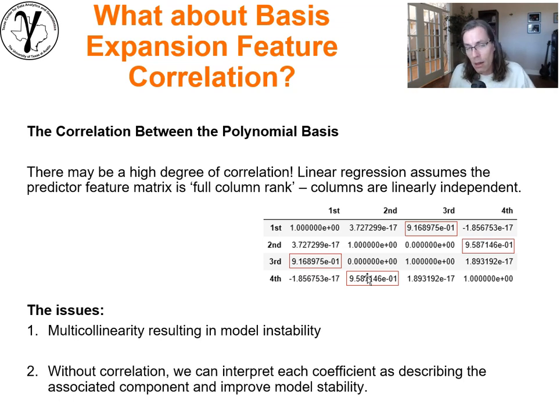Now, what's the result of that? Well, model instability. We talked about the issues of multicollinearity, and we don't want that to happen. Now, spoiler alert, in this problem, it's not too bad. We do okay, but in general, this could be a problem. Also, if we did not have correlation, then we could interpret each one of the coefficients as describing an associated separate component of the model.